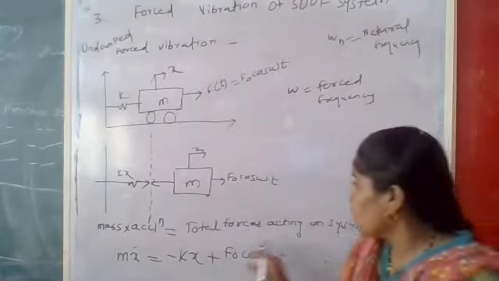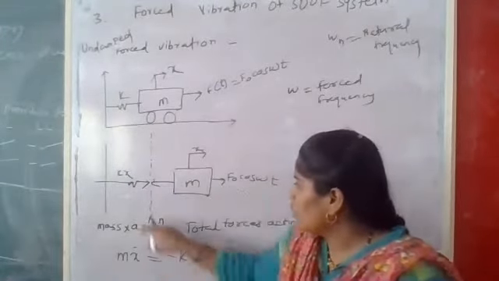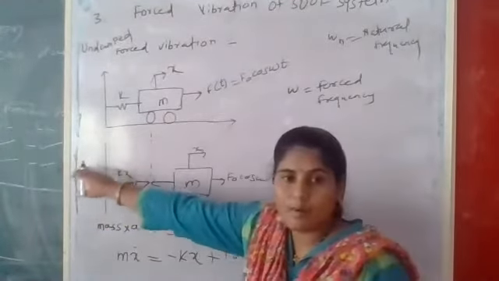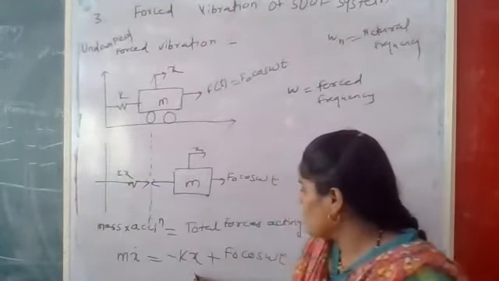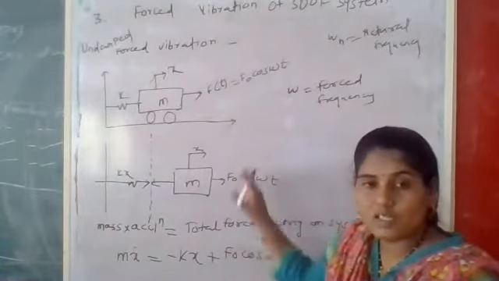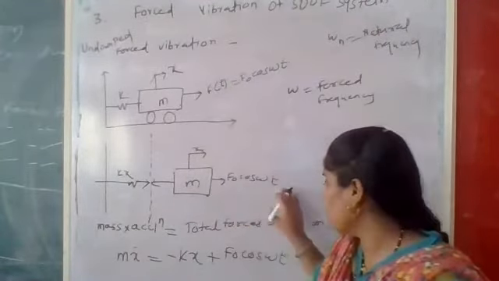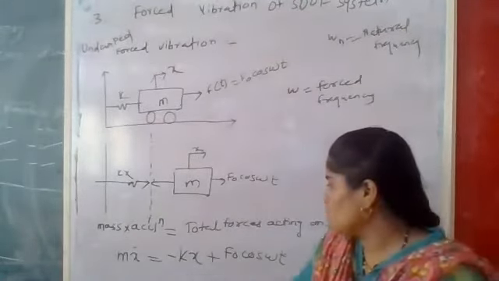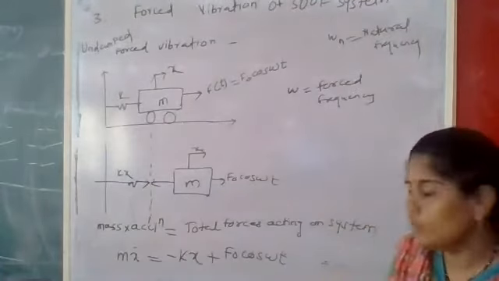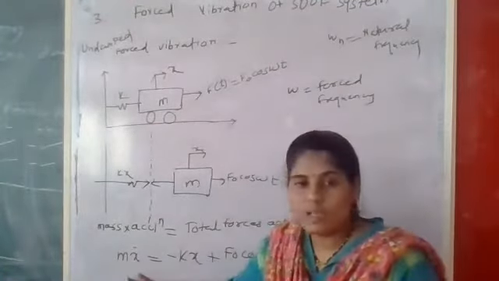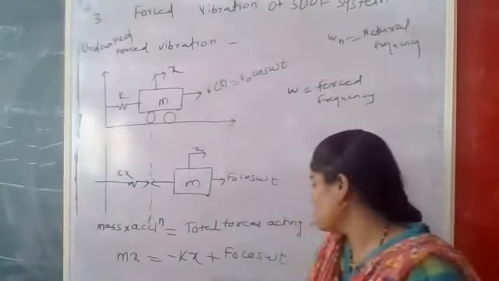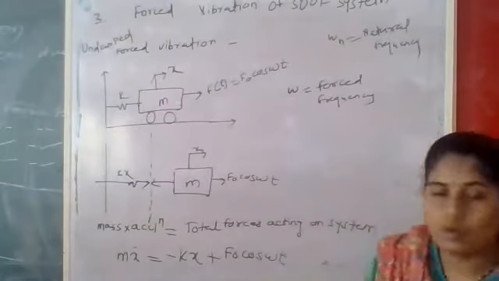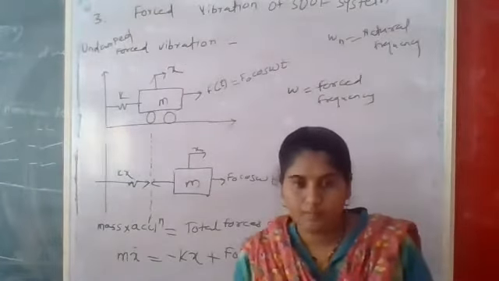So m x double dot is equal to minus kx, plus F naught into cos of omega t on the other side. If we take the minus sign to this side, it gives m x double dot plus kx equal to F naught cos omega t. Write up to this, then go for the next step.